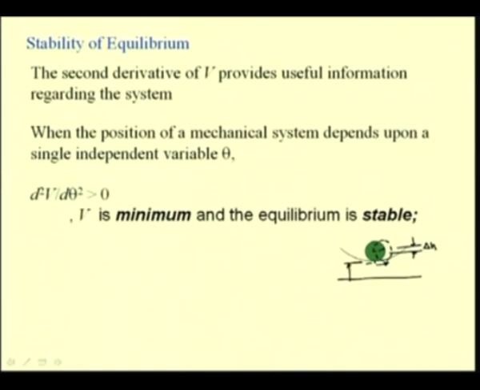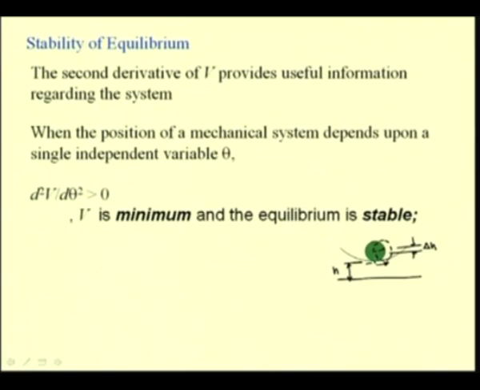Say if this height is h, then this gives the least potential energy for the system, and so the system always comes back to occupy that position where the potential energy is minimum.